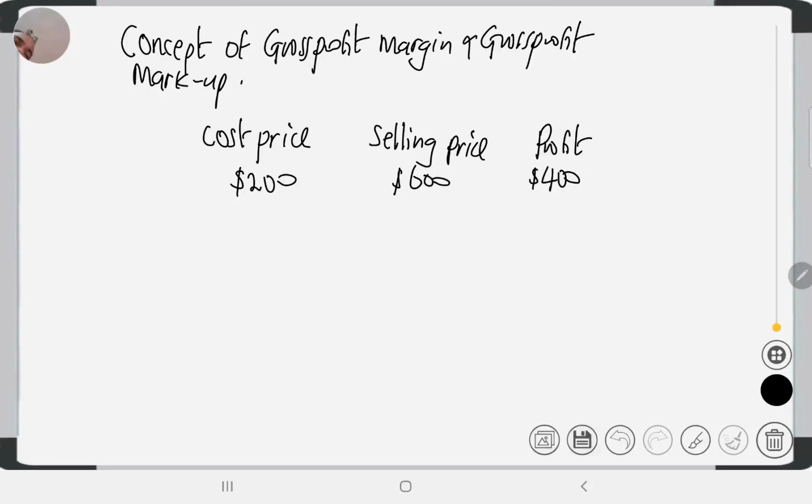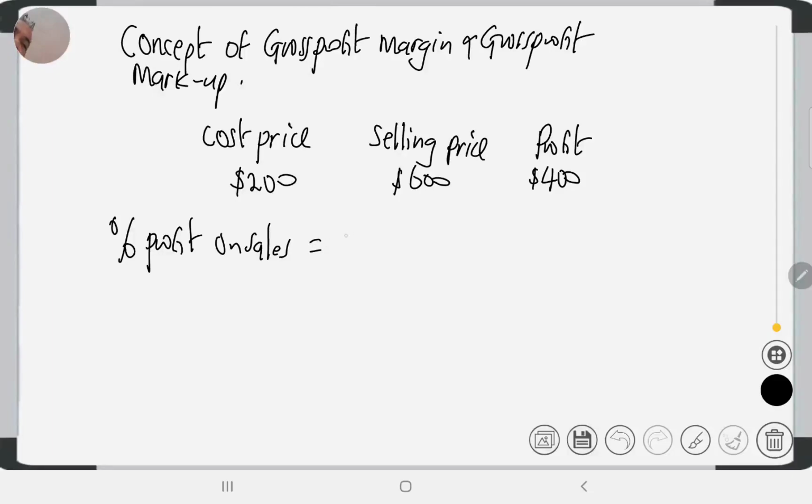So there are two ways to see the concept of profit, I mean in terms of percentage. Some people can ask a question, what is the percentage profit on sales?